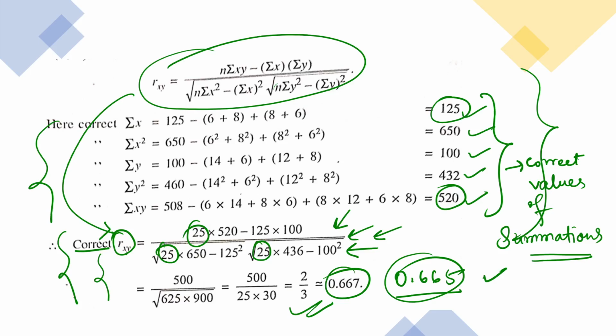So like this you have to calculate and practice the questions regarding correlation coefficient. This question is to give you some insight or some indication of at which level we are going, and at which depth we are going to study all the concepts and practice all the related questions.